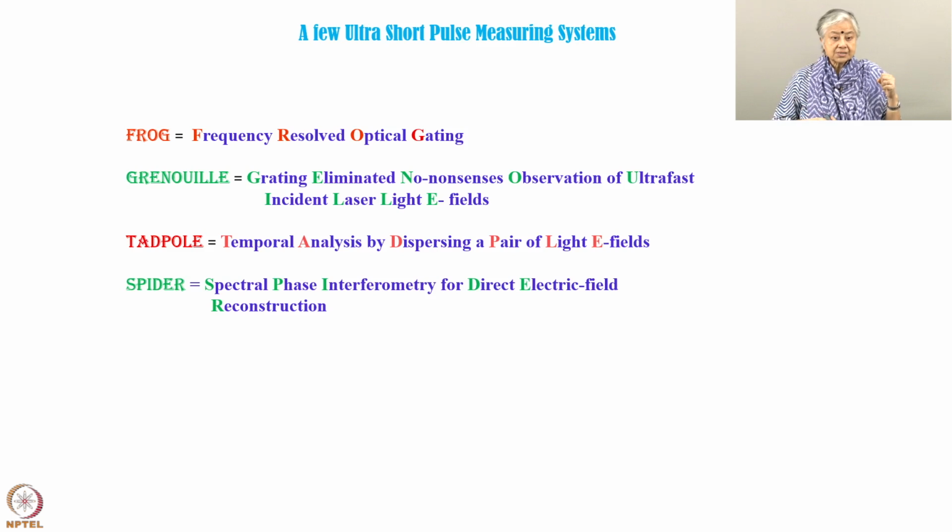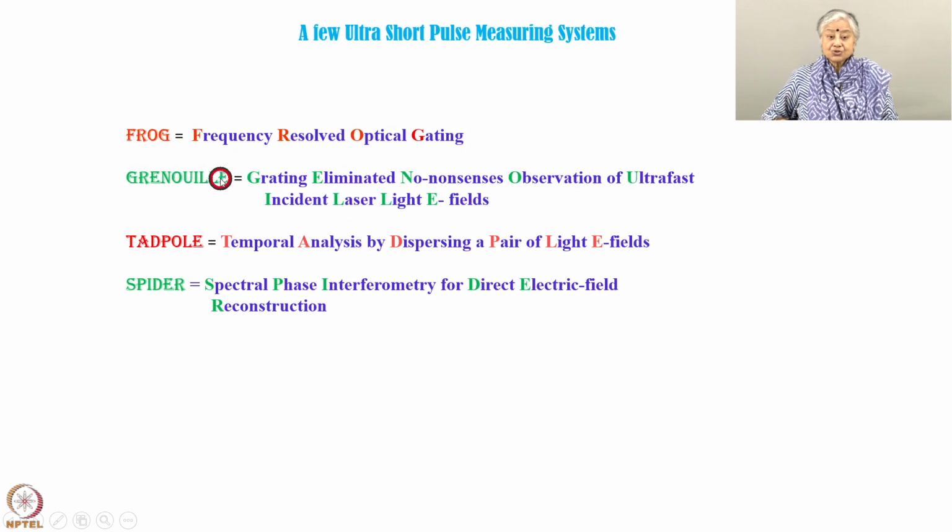So one of them is Grenouille, grating eliminated no nonsense observation of ultra fast incident laser light E field. So it's a long name and the acronym is Grenouille. This was sort of devised by some French researchers who were having a lot of fun in the lab, I'm sure, because Grenouille is the translation of frog in French.